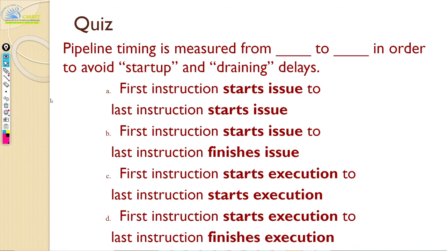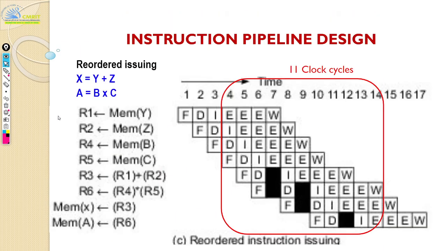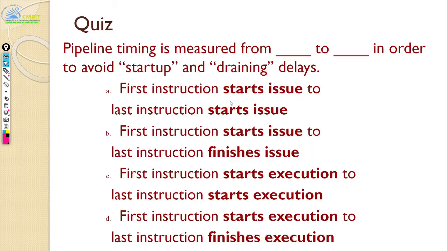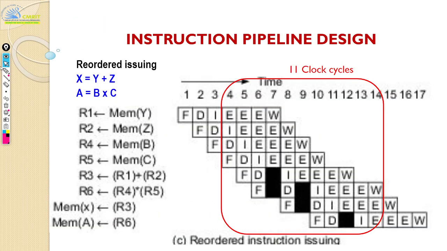Thanks, Shubham. Now, just to do a recap, I'm going to show you this diagram once again. You're just calculating the time from when the first instruction started execution to when the last instruction started execution.